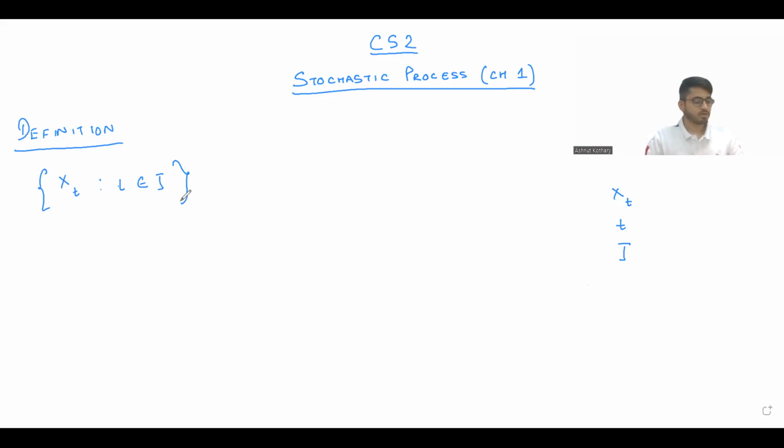Next line. The set of values that the random variable Xt, this one again, can take is called the state space of the process.